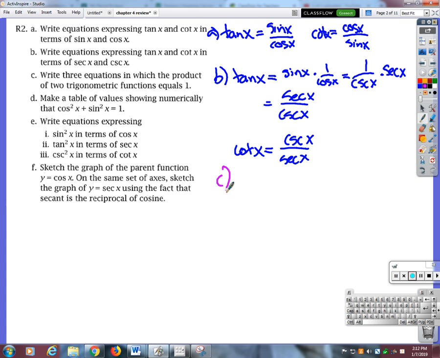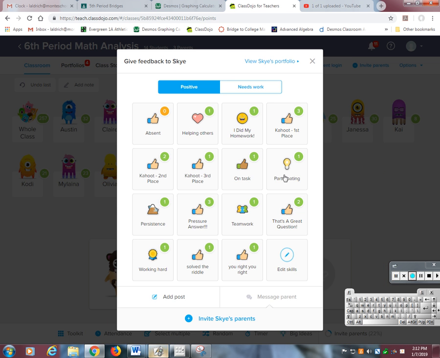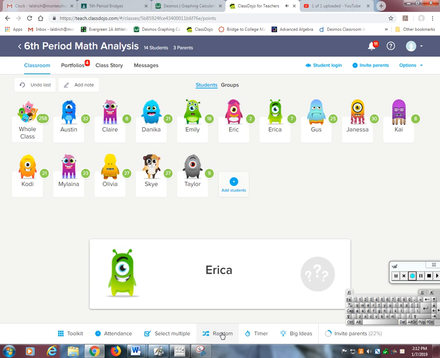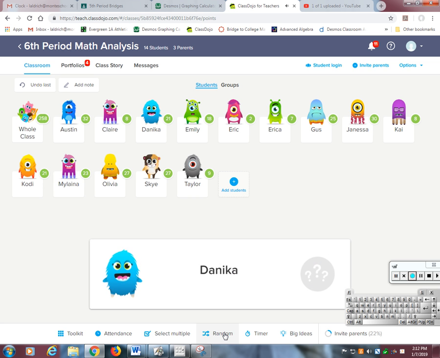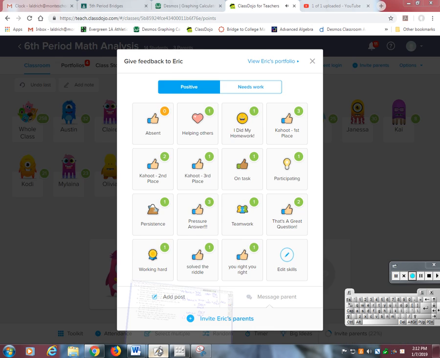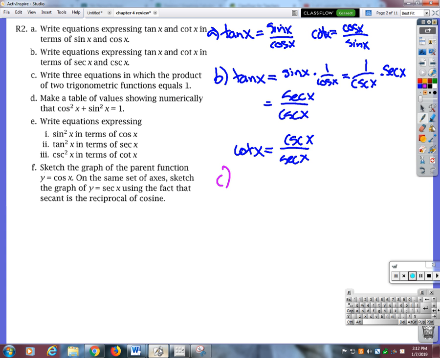Okay, we also have 3 equations where we have squareds that equal 1. These should be in your notes. Okay? So Eric, give me one equation where the product of 2 trigonometric functions equals 1. Okay, that's not what I was thinking of.